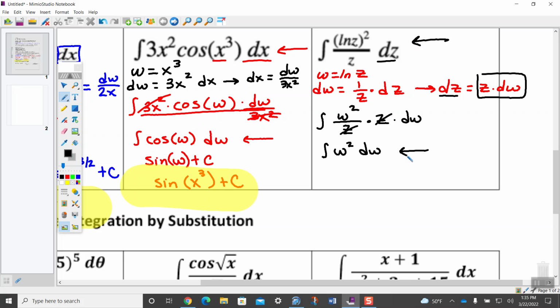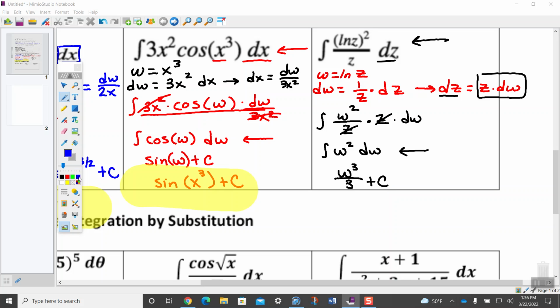What is the antiderivative of w squared? 2w? Not quite. We're going back up on power, so w to the second would become w to the third for the antiderivative. W to the third over what? 3, plus some constant c. That would be your antiderivative if we were working with respect to w, but we're not; we're working with respect to, in this case, z, right?